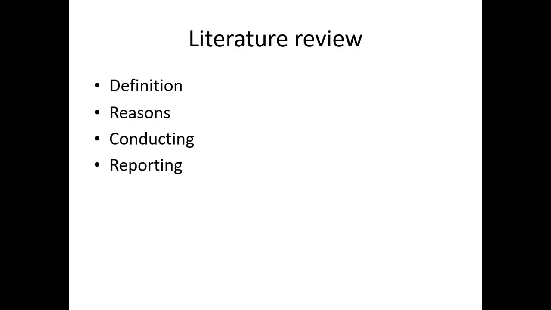So biases are those mistakes that can happen, whether when you are conceiving your study or when you are conducting your study. There are some errors that can happen, so we have to avoid them. That's why we most of the time refer to randomized control trials, because this is the best way of avoiding biases.